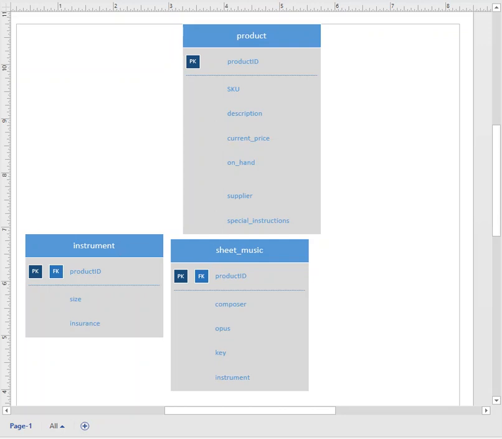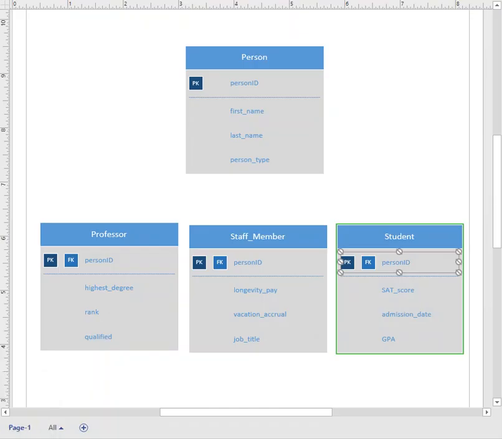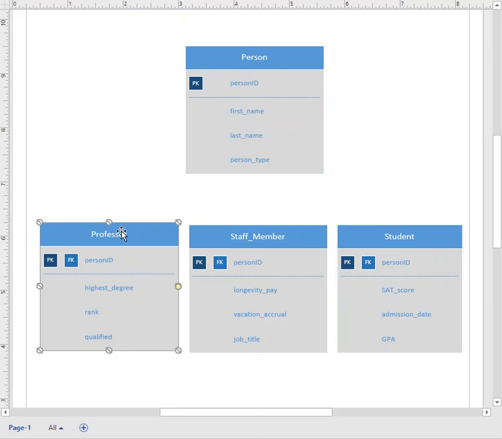So let's go back to our person supertype, and let's look at this. Can these things overlap? Yes, these can easily overlap. If I decide I want to take an art class just for fun, I am a professor, but then I would overlap in the student table. Staff members can also become students, and depending on the business rules of the university, a staff member could potentially also be a professor.